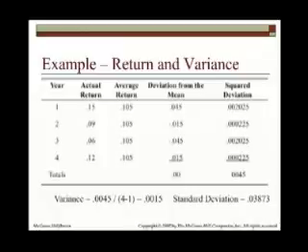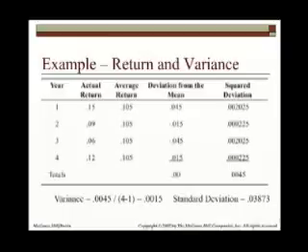And 0.12 minus 0.105 is 0.015. Now it will always be true that if you take the deviations from the mean and add them up, they will always add up to 0. That's easy to prove. So that's not very useful to us.